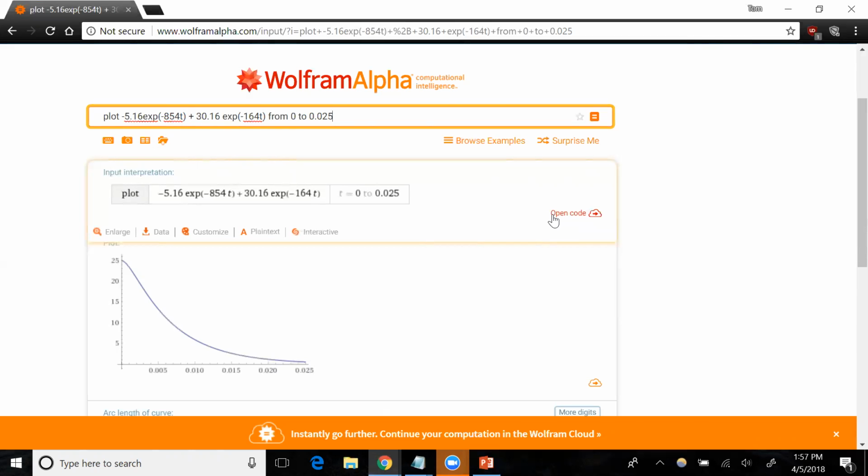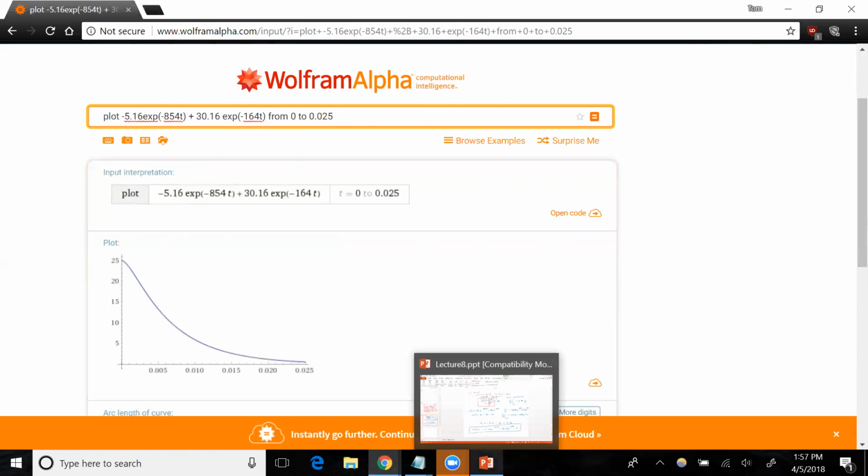With the first one, the current was 0, so all the energy was in the capacitor. That's why the curve was initially 0, and then it climbed up because the energy in the capacitor started dumping through the inductor, and we got some current that came out of it. But eventually it all went back to 0 again.